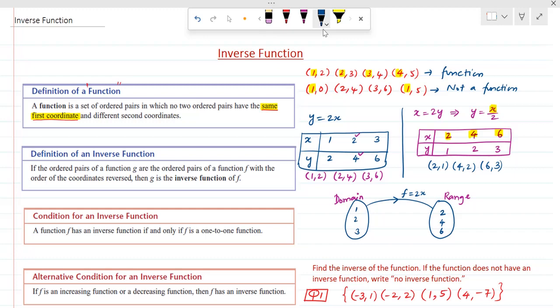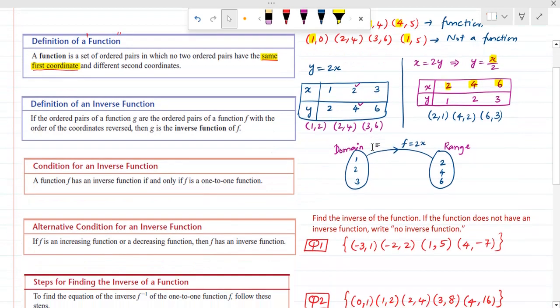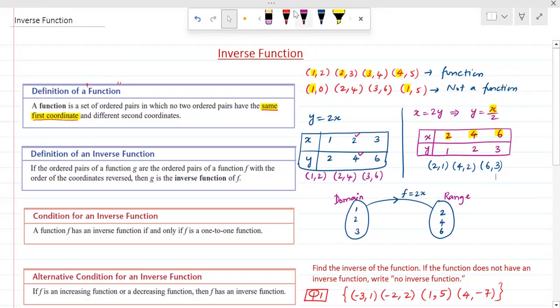If you see what happened to the function, here you had 1 comma 2, and now it is reversed, 2 comma 1. 2 comma 4 becomes 4 comma 2, and 3 comma 6 becomes 6 comma 3. So we defined here the f inverse, the inverse function.